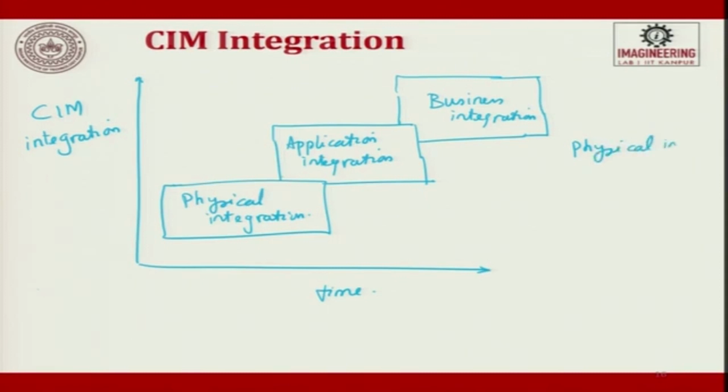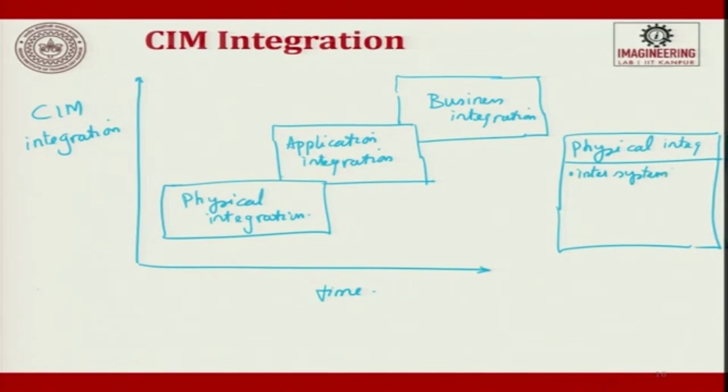So, let me start from here. Physical integration: we were talking about inter-system communication, then we were talking about network. Networking is the major thing which happened, network communication and management. Then we were talking about data exchange.